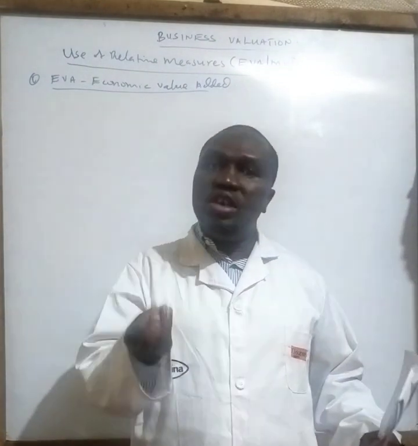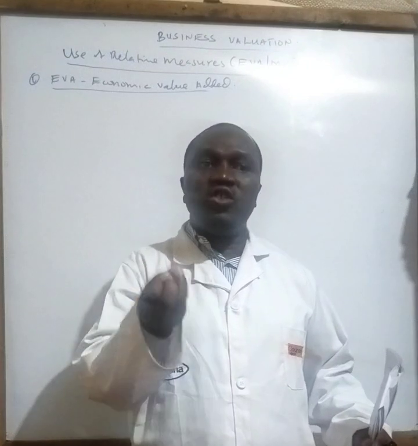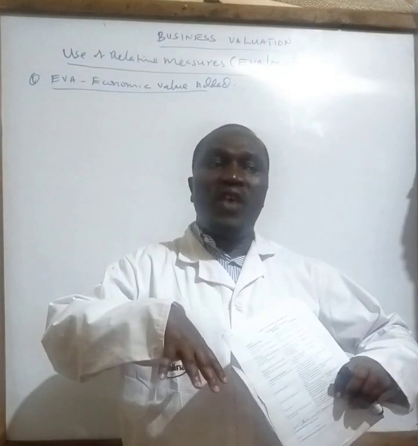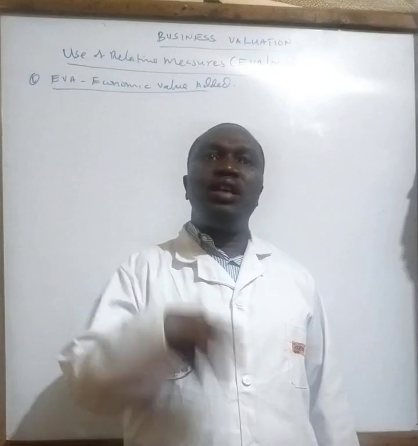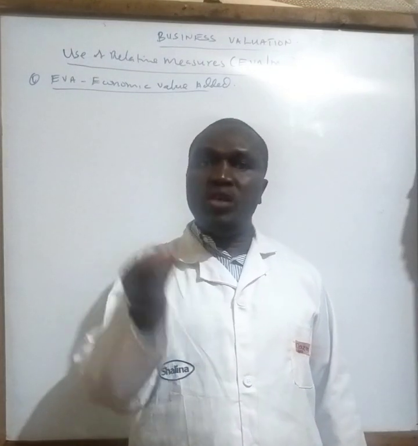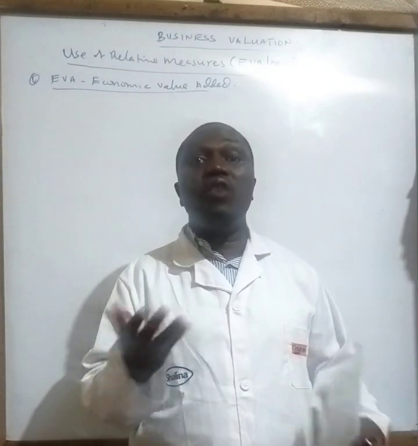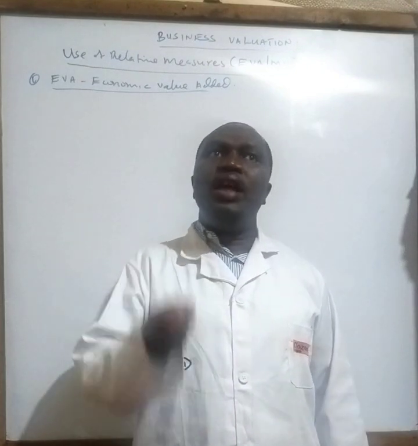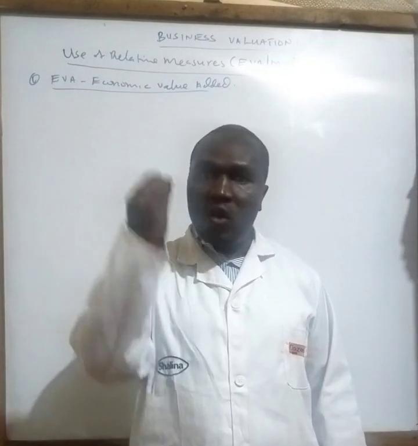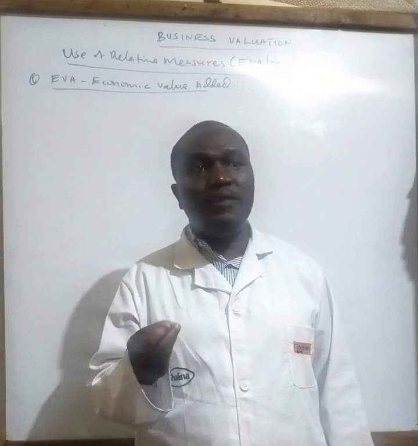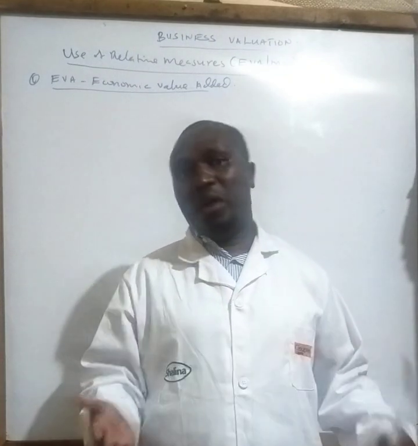If we don't include the cost of capital, the cost we incur to bring funds into the organization, then it means that the net profit reported by that organization is overstated. And therefore the correct market value of that entity is compromised.